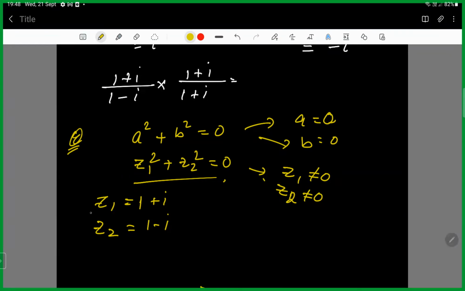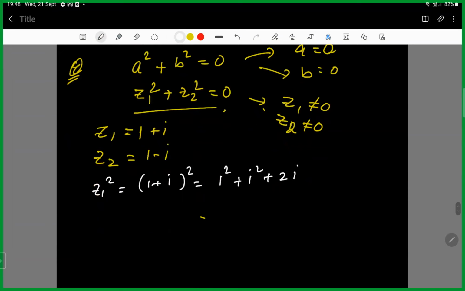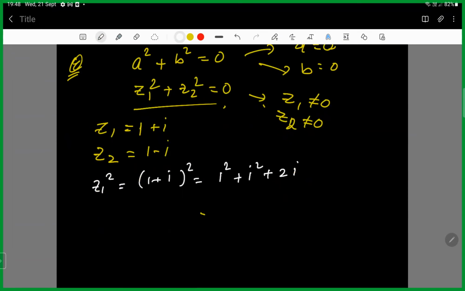Square these numbers. Shreya, do yours. So z1 square will be what? 1 plus iota square. This is 1 square plus iota square plus 2 times iota. 1 square is how much? I square is how much? Negative one.